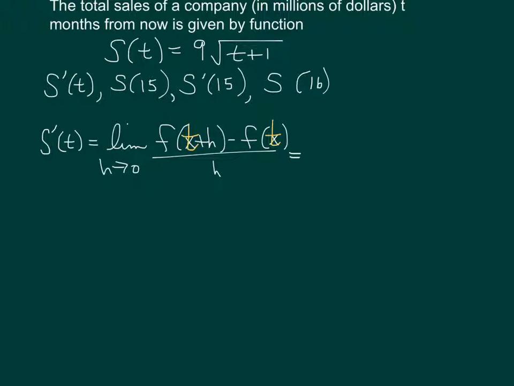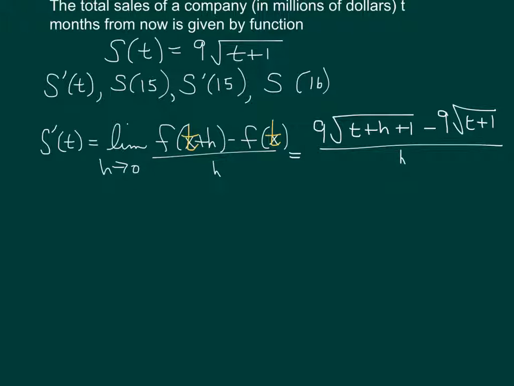Leave them as x's, doesn't matter. So basically where I see a t, I'm going to plug in t plus h. Well, I still have the plus 1. And where I see a t, I just plug in a t. So that always matches. And then, of course, I still have this limit as h goes to 0.